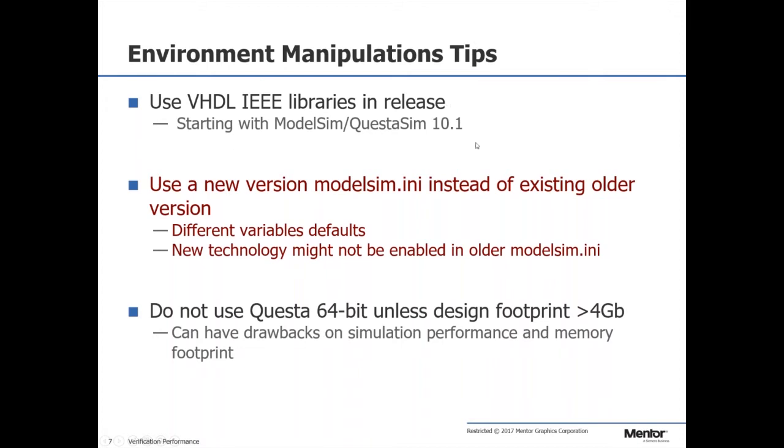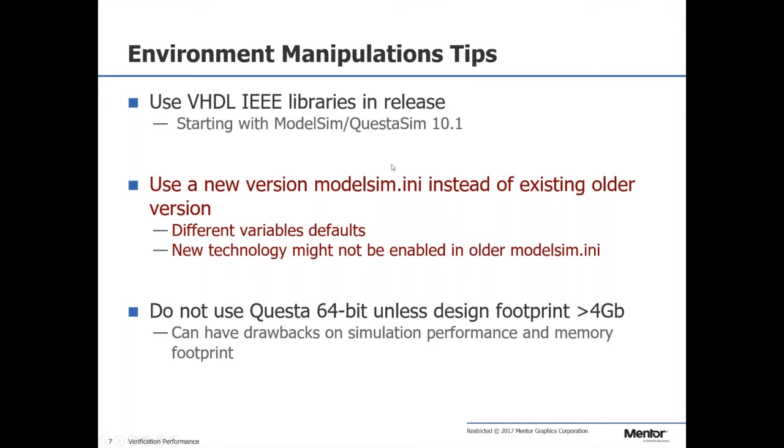If you're doing VHDL designs and you're doing mathematic operations in a VHDL design, make sure you're using the IEEE version of the math packages and not the ones Synopsys originally created. Those are not as optimized as the official IEEE version, which is what gets shipped with Questa. Just keep that in mind.